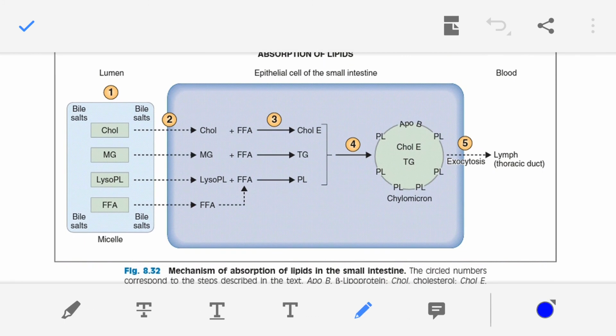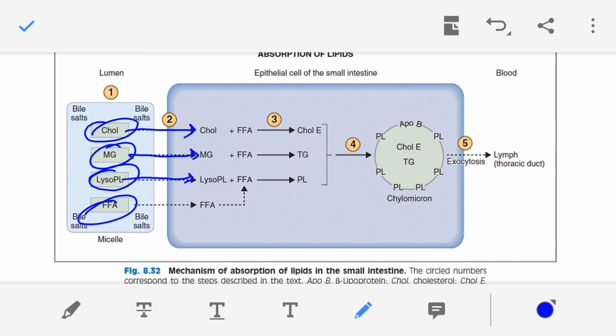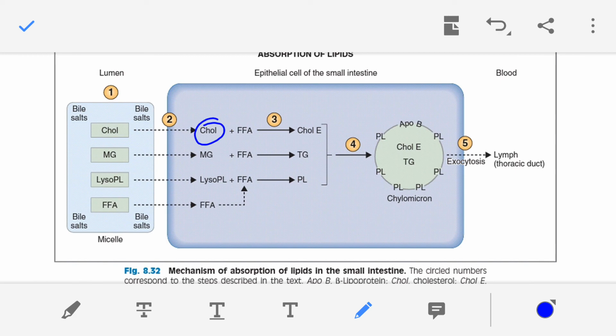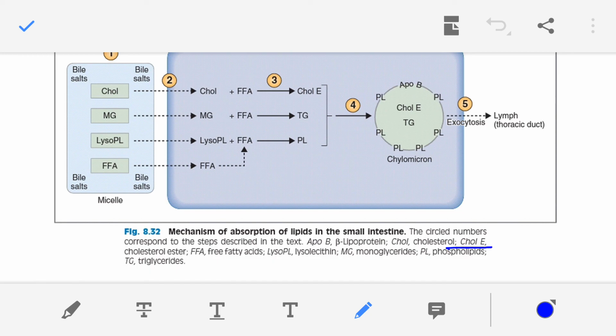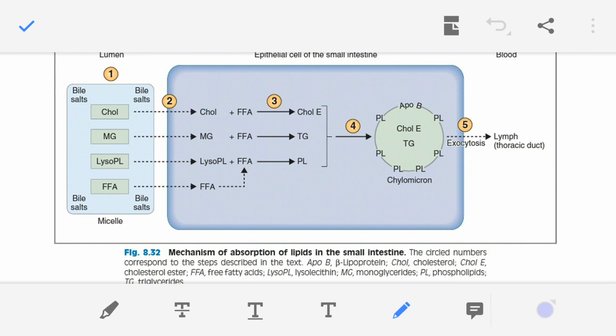See, cholesterol from the micelle is entering, monoglyceride is entering, lecithin is entering, and free fatty acid is also entering. Now the cholesterol and free fatty acid combine, and CHOLE, that means cholesterol ester, is formed in the enterocyte cell.